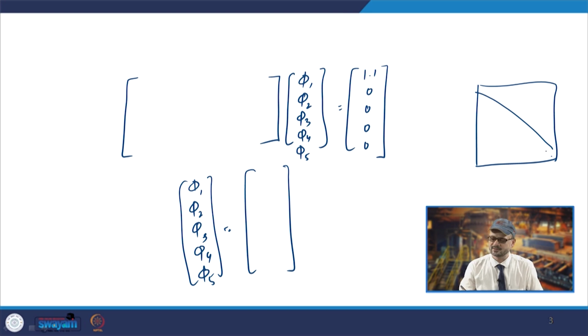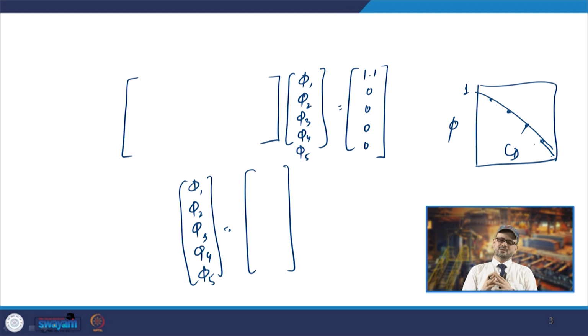So, it comes like this: you will have phi value 1 here, and with the central differencing it matches the exact solution also.